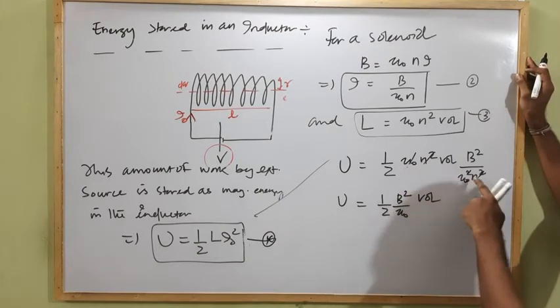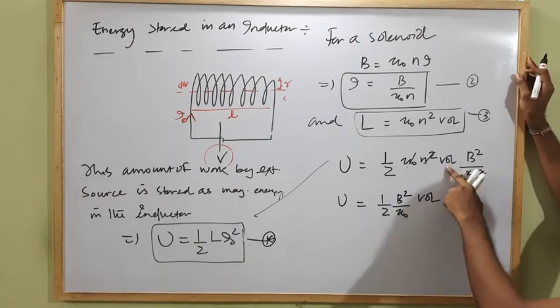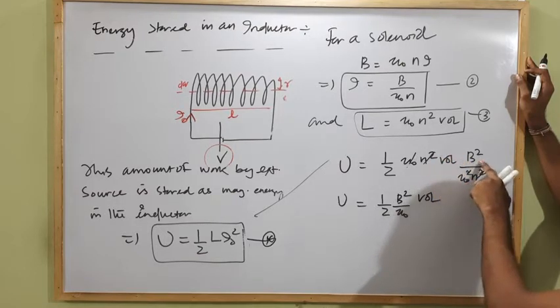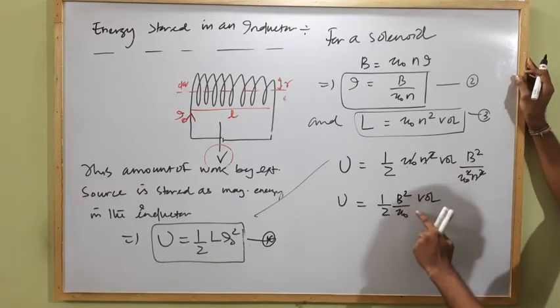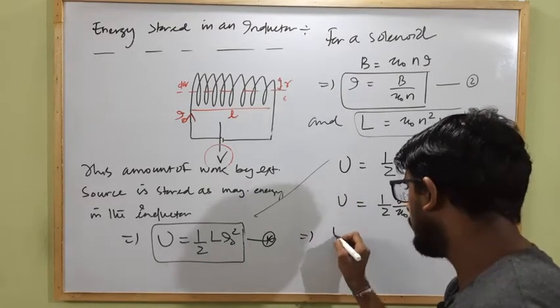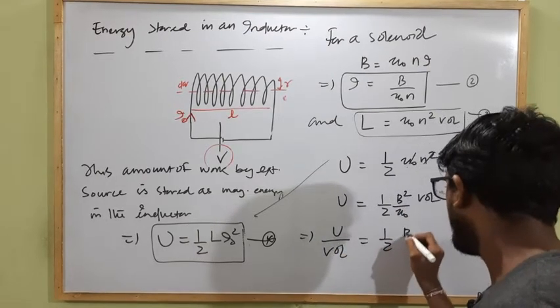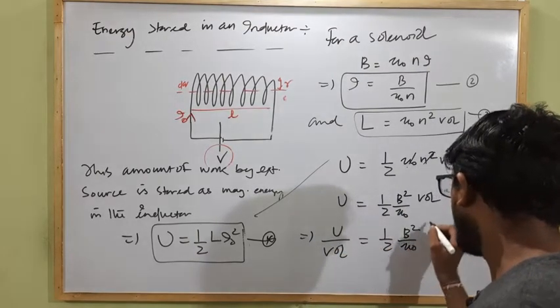Here is the volume of the solenoid into B square. So half B square by mu naught into volume equal to energy. So this implies U divided by volume equal to half B square by mu naught.